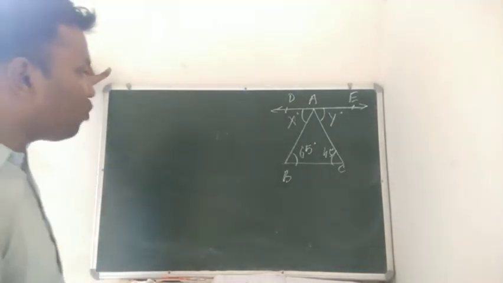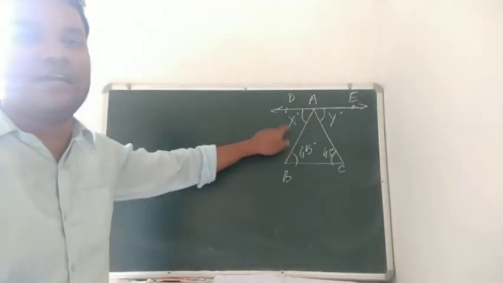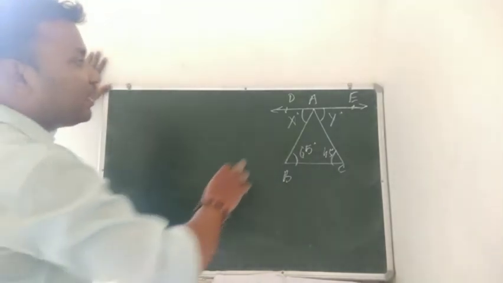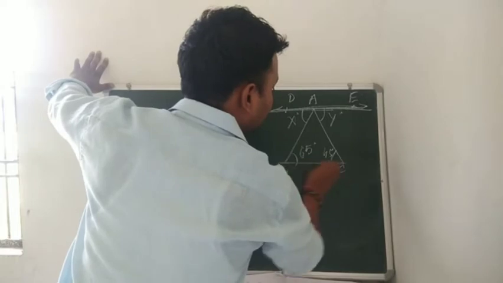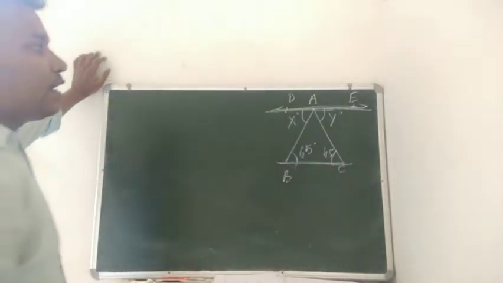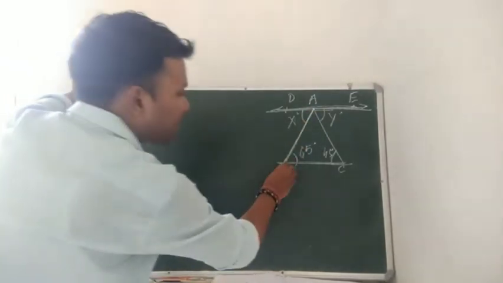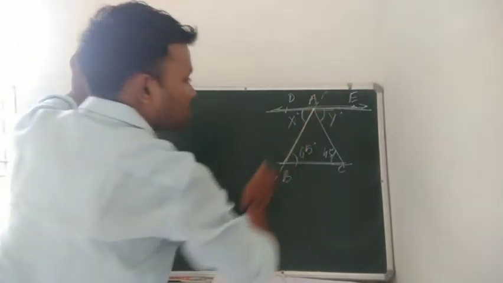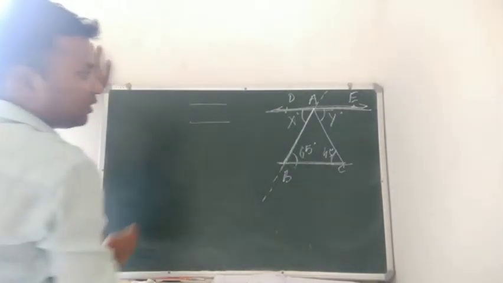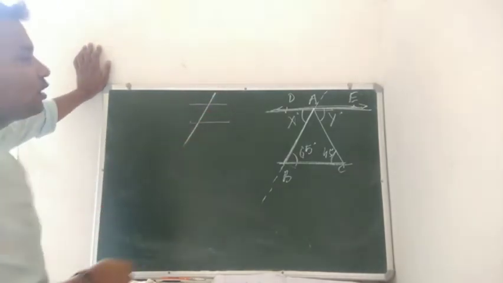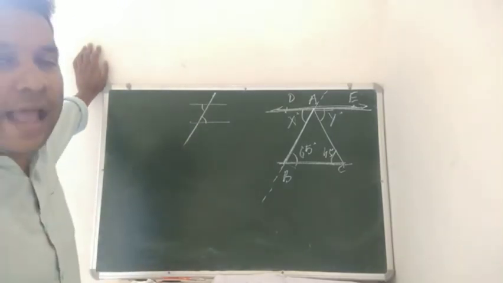So student, through this figure, with the help of the given information, we will try to find the values of x degrees and y degrees. It is already given that BAE, this line, is parallel to this, and can you consider AB as a transversal? Of course, AB can be considered as a transversal, and we know very well that if two parallel lines and a transversal are there, then the pairs of alternate interior angles are equal.